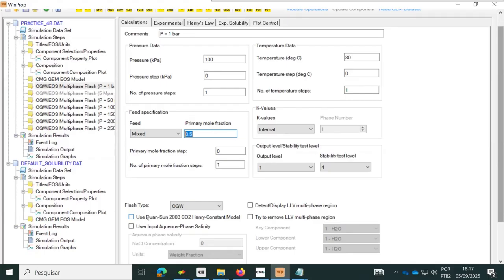People who are used to working with CO2 should be familiar with this model. However, I'm not using it because I cannot use it in GEM. I know that you are concerned with numerical simulations using GEM and Intersect, so I focused the course only on the Nghiem model because it is more popular in commercial simulators.